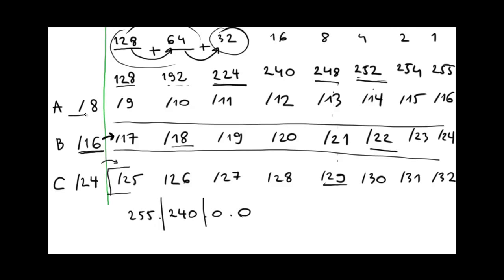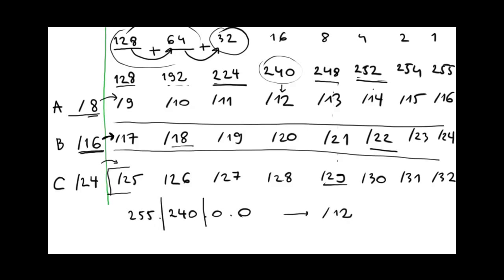Class A, its first octet, it jumps to the second octet, so we know we need to read the values from this line. So for 240, this 240, our value in this line is 12. So /12. And we know that 12 is between 8 and 16, so it must be the second octet.